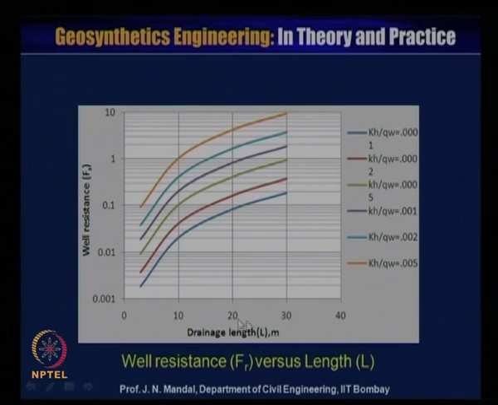This is the chart of well resistance versus the length, for defined values of Kh by qw: 0.001 to 0.002, 0.005, 0.01, 0.02, 0.05. Kh is the coefficient of permeability in the horizontal direction and qw is the flow.